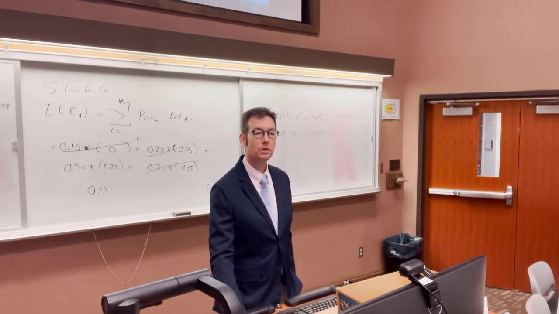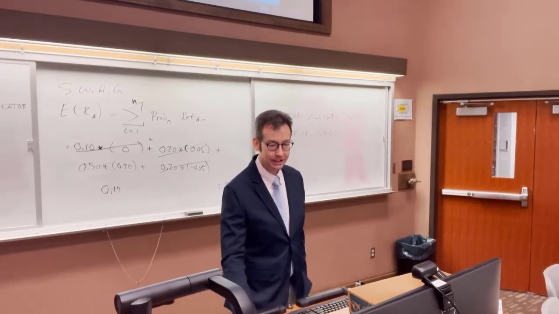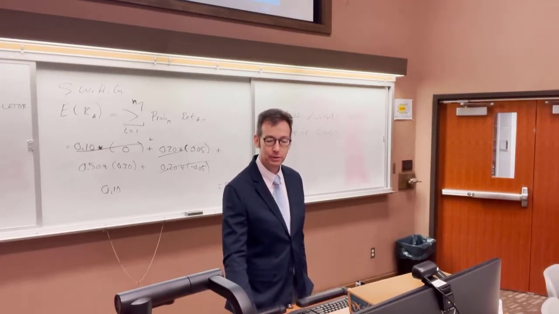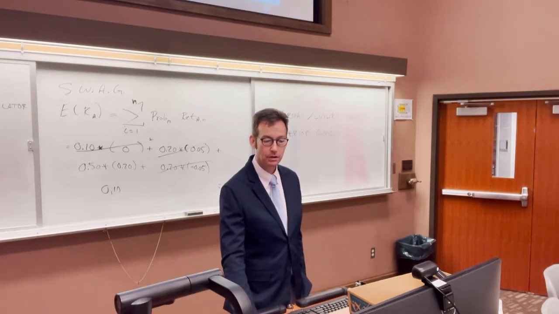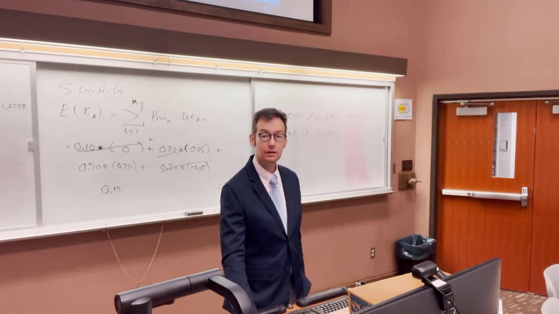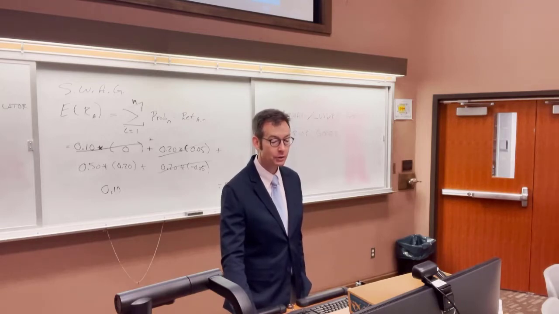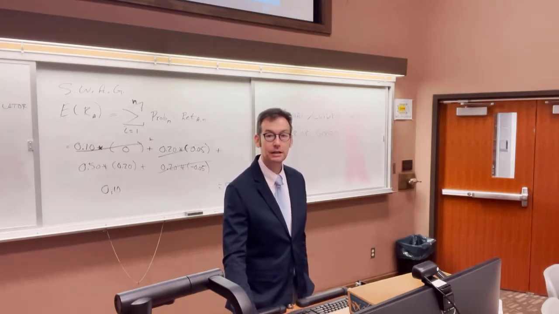Raise your hand if I haven't picked on you yet. Oh, very good. Let's see, now I can't remember where we were at. Which one did we just finish? The third one. Mr. Greeley, what should we do next? 0.35 times, oh, did you hear what he said? Times negative. Why do we have to go ahead and put the negative sign in, Mr. Greeley?